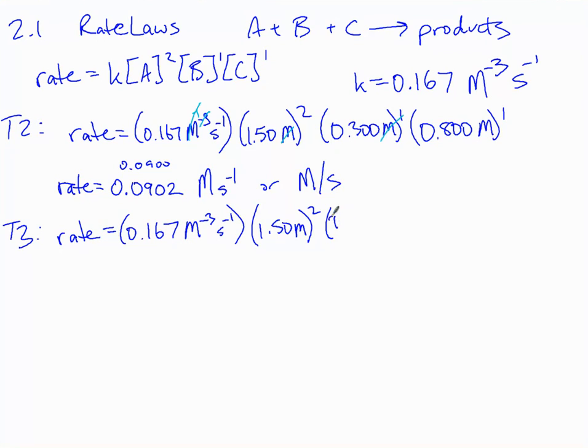Concentration of B is 2.70 molar. Concentration of C is 0.800. And so we put all this in our calculator. The rate for this one should be something around 0.810.